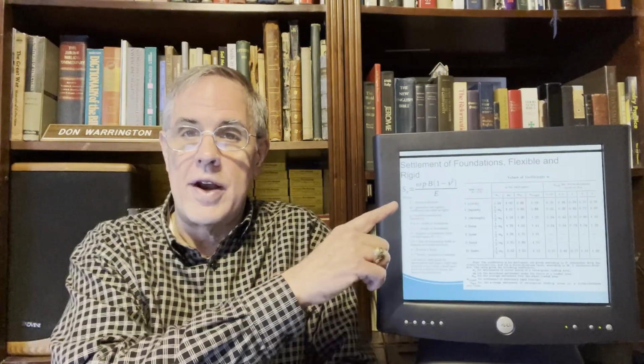And you may recall in that table how we did that using that equation in the upper left-hand corner of the slide, right there. And on the left-hand side of that table are given different shapes of foundations: circles, squares, rectangles, and different aspect ratios of rectangle up to the aspect ratio of 10, at which point we give up and say it's a continuous foundation.